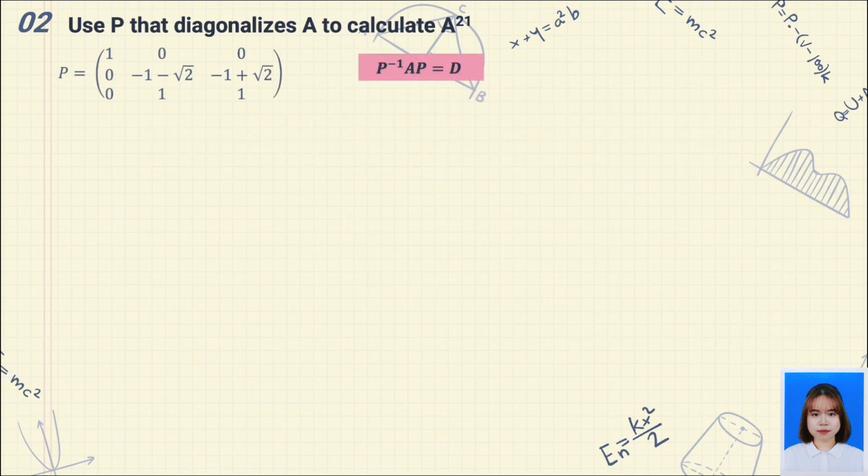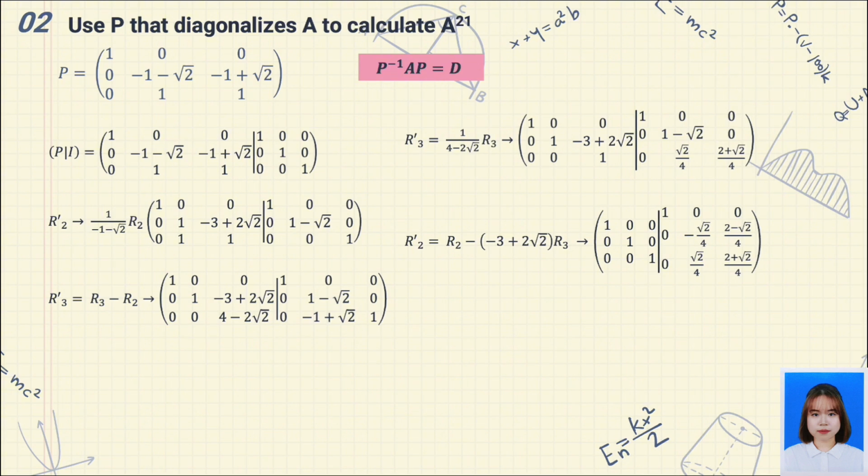To find D, we first have to find the inverse matrix of P. By using the ERO method, we can find that the inverse of P is equal to 1, 0, 0, 0, negative square root 2 over 4, 2 minus square root 2 over 4, square root 2 over 4, 2 plus square root 2 over 4.